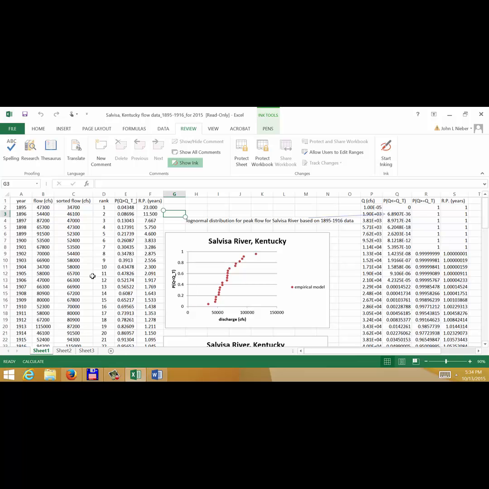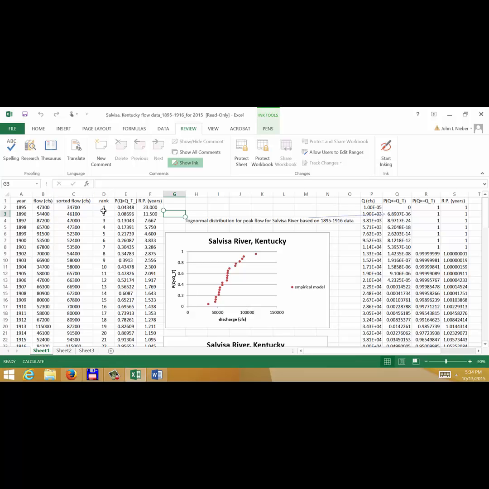There are 22 values in total. The rank goes from 1 to 22. So 34,700 is the smallest value. 46,100 is the second smallest. So these numbers in column D are the rank numbers, the R1s that I talked about before.